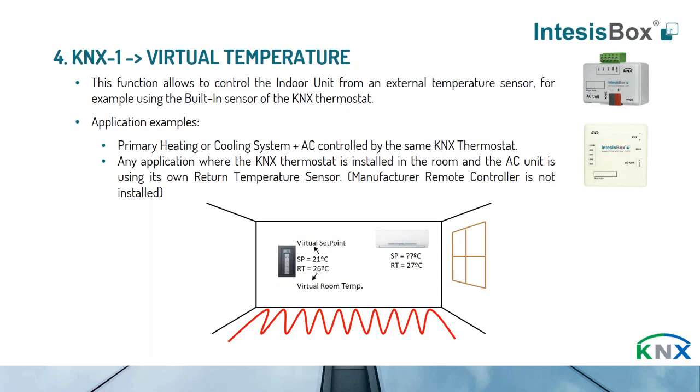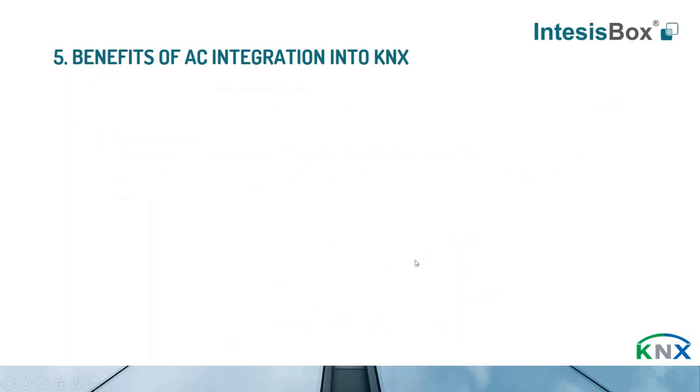We are reading these two values and doing an easy calculation in order to fit this set point into the split unit. As you can see, the difference between the set point and the temperature sensor is 5 degrees. So when we send the set point temperature to the split unit, we apply this 5-degree difference between the temperature and the set point, and then we send to the split unit 22 degrees.